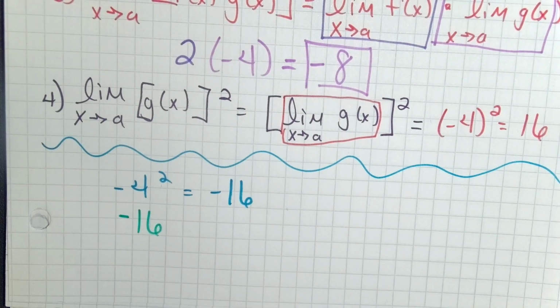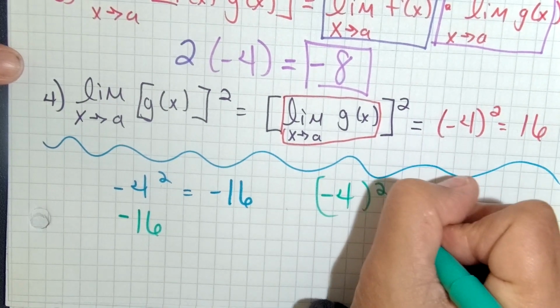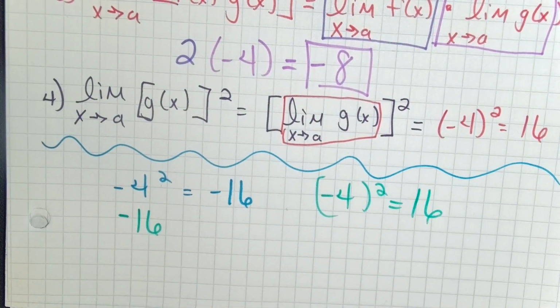This is not the same as this. Now use parentheses to put the negative in: parentheses, -4, parentheses, square. And I bet you get 16. They're not the same thing.